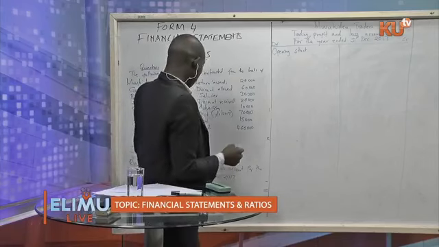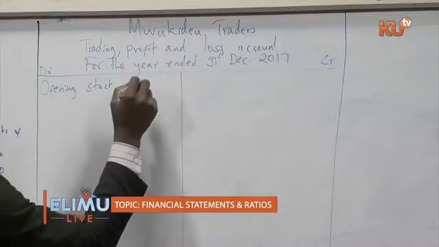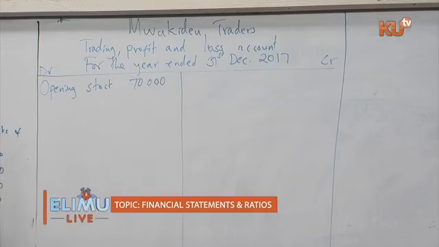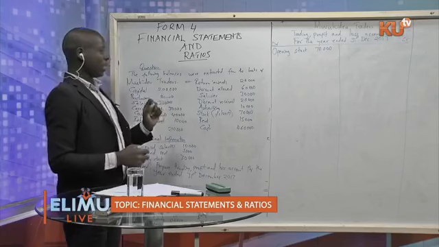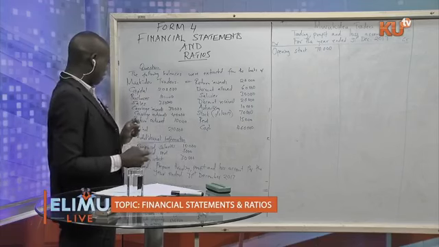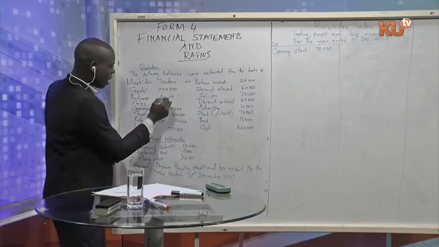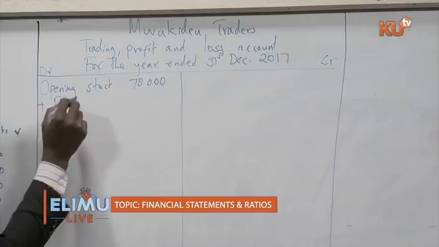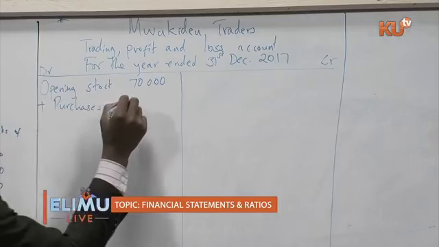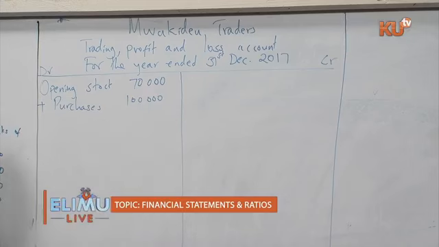We record it as 70,000. Then number two, add purchases. Do you have purchases for Mwakideu? Yes, we have purchases worth 100,000. So we add purchases, which is 100,000.